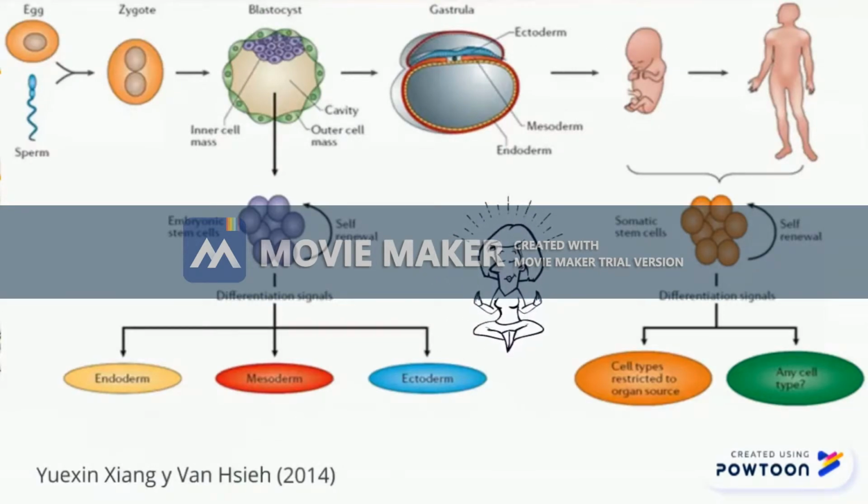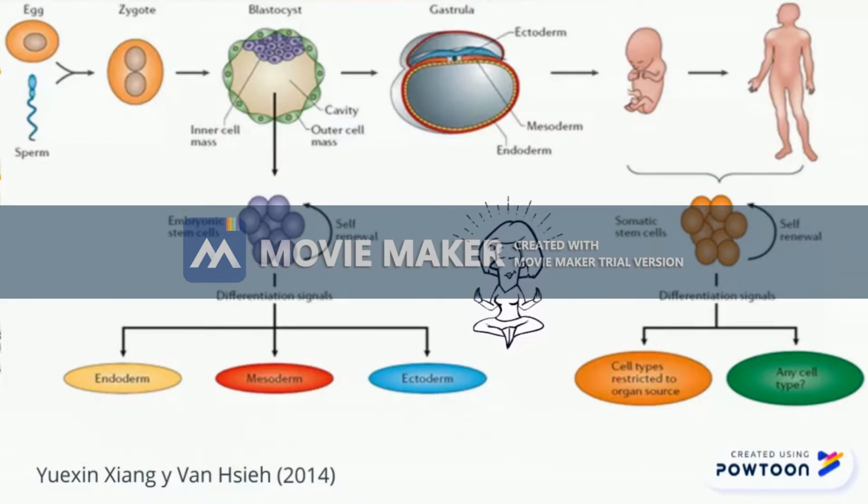In this image, we can see where each stem cell comes from. The embryo cells are formed by the union of the egg and the sperm, creating the zygote, which passes to the blastocyst, which is the phase where the embryo begins to develop, which has the following parts: internal cell mass, cavity, and external cell mass.